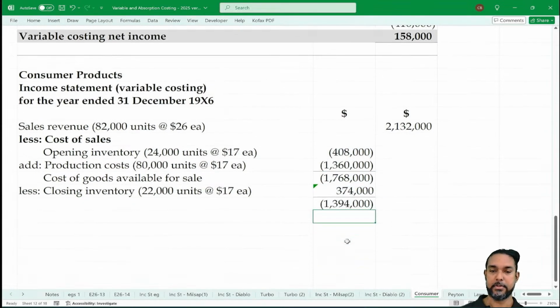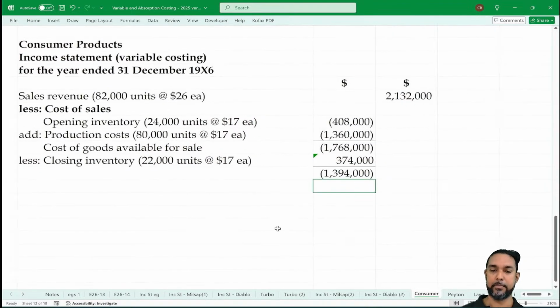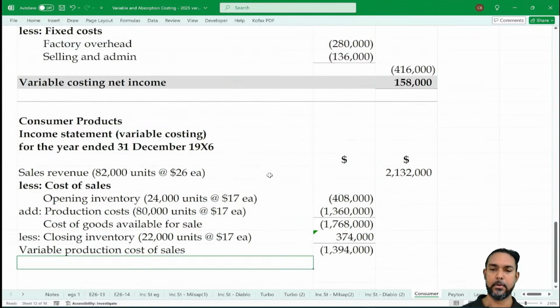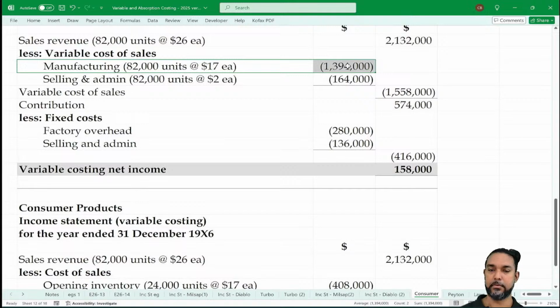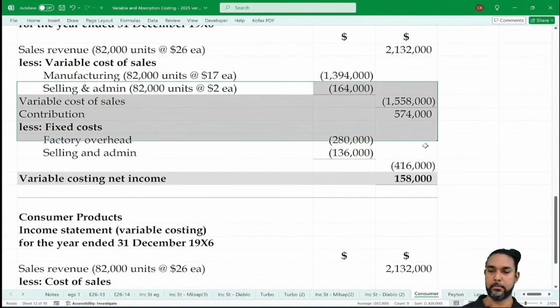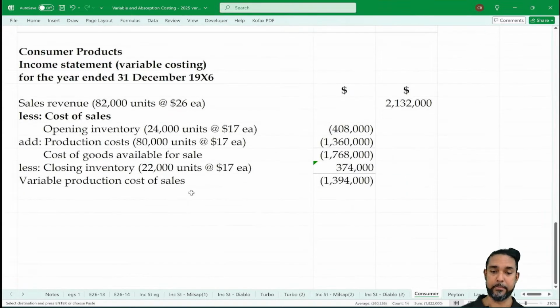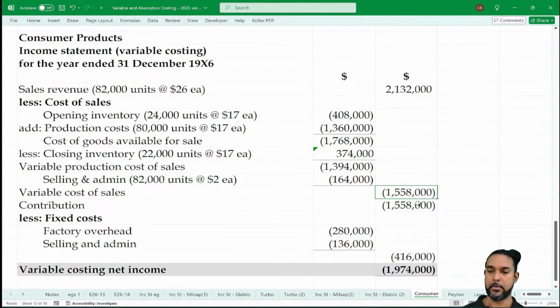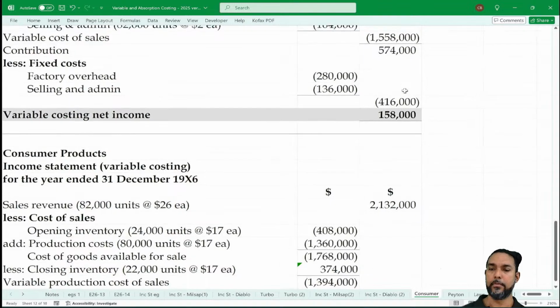So this is the variable production cost. See, 1394. Then we could just copy and paste that whole thing. $158, yeah.